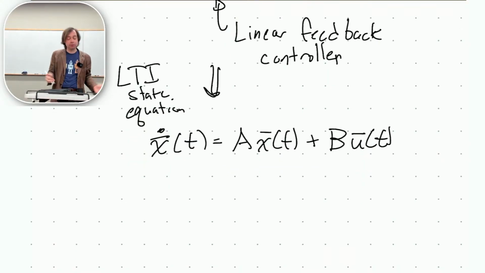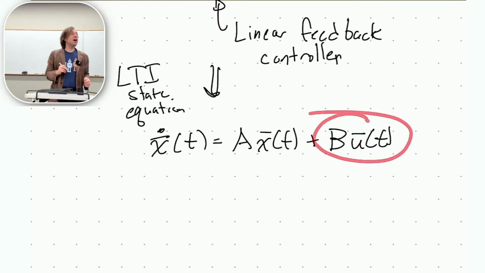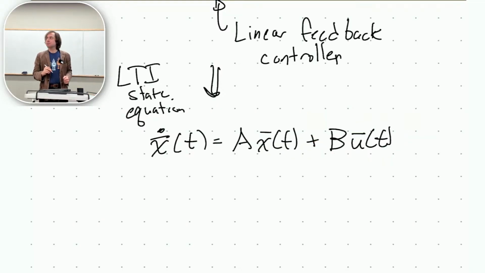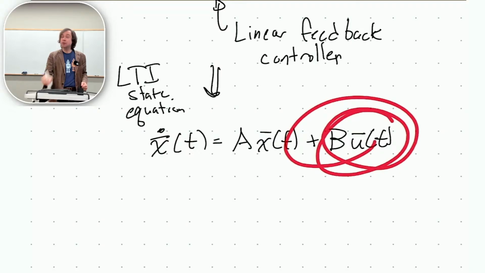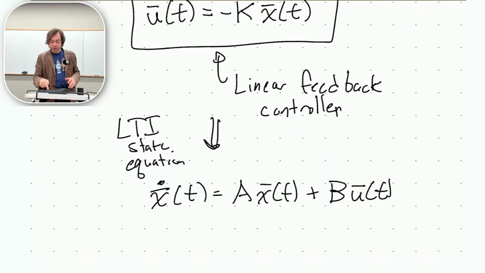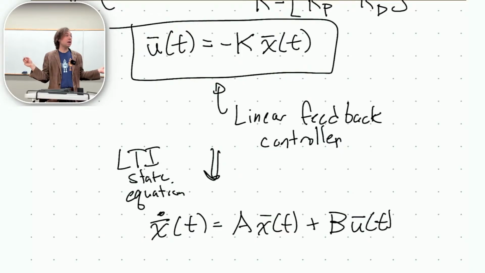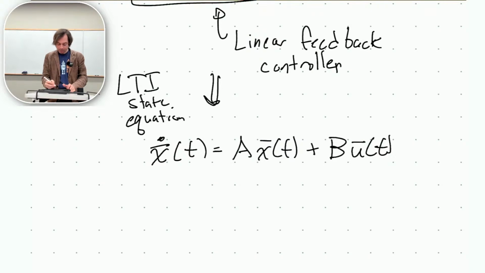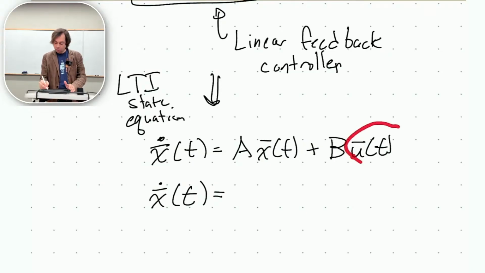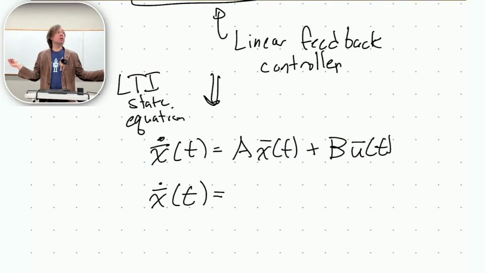Pretty cool, right? Just to show you that it's practical. But again, not autonomous. Not autonomous because it's dependent upon u of t. But my friends, we just said that u of t could be this linear controller, minus K x of t. Super useful form. Why? Well, let's write it again where we substitute in to u of t that minus Kx.